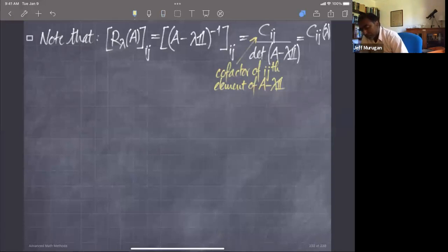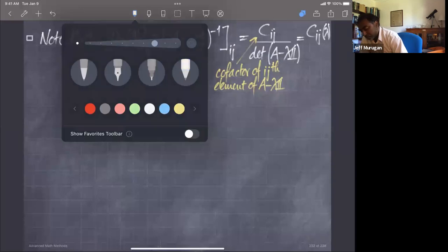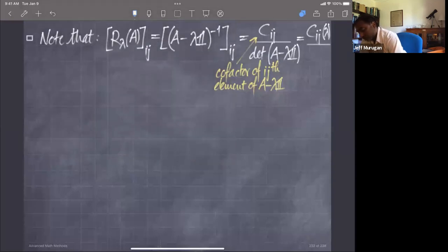And this is divided by some quantity, which I'm going to call P of lambda. P of lambda is the determinant of A minus lambda I. But of course, that must also be a polynomial in lambda.